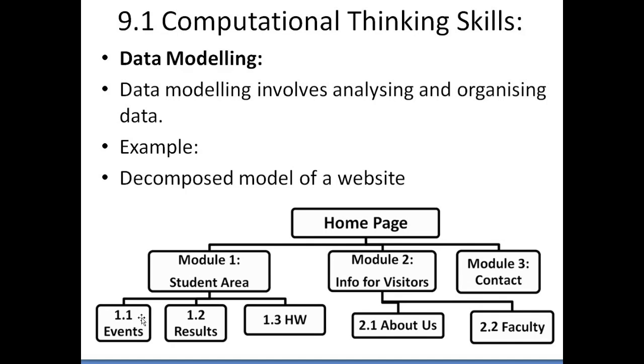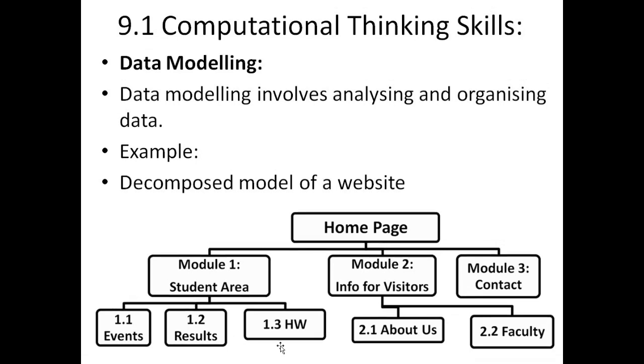Now inside the first module there are three further subdivisions, or routines or subroutines, you can say. Then for the second module we have two subroutines, and the third one is self-contained. It does not have any further classification, any further subroutines or subsystems.